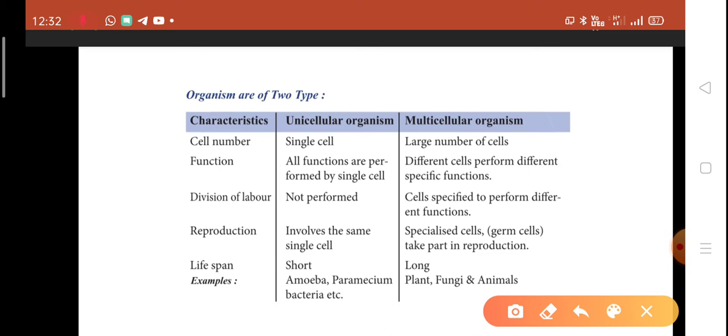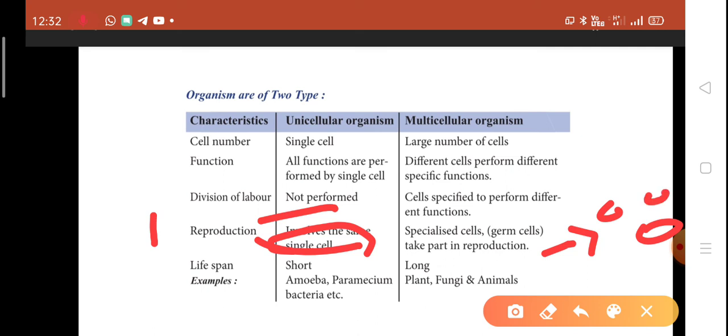But in the multicellular organism, specialized groups of cells are used. There is division of labour, and cell specialization performs different functions. Reproduction involves the same single cell, means reproduction is done by only one cell, and here different types of cells take part in reproduction.